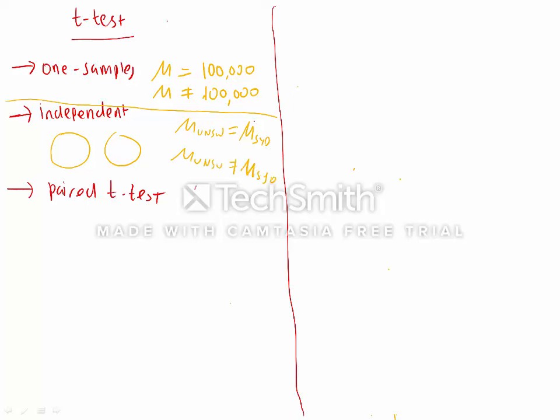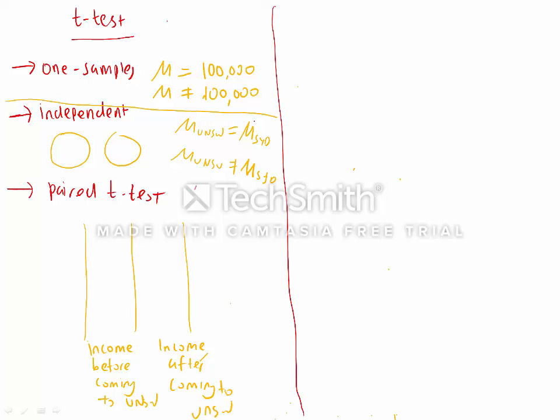Now the paired t-test is more on two variables. So let's say we have income before coming to UNSW and income after coming to UNSW.